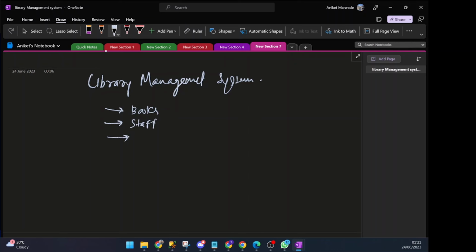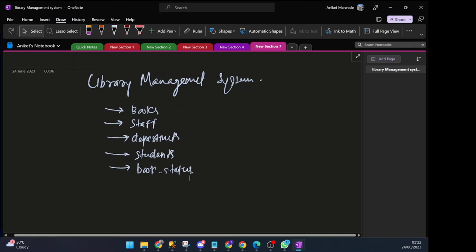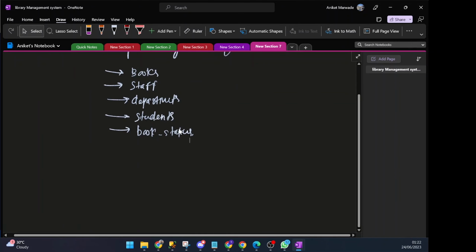Again, we can have the departments. Like the library is from any college, so we have the departments of the college, and we have students of that college, and we have the status of book. So these are the tables which will be there in the library management system.